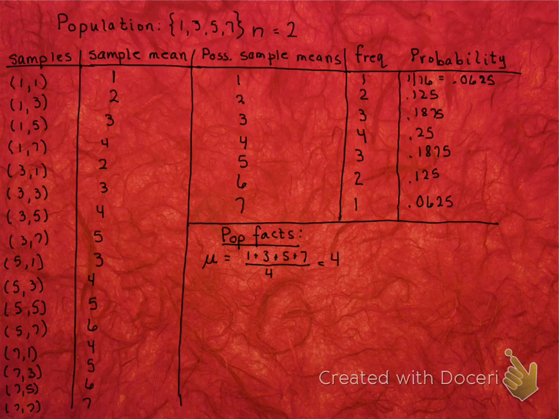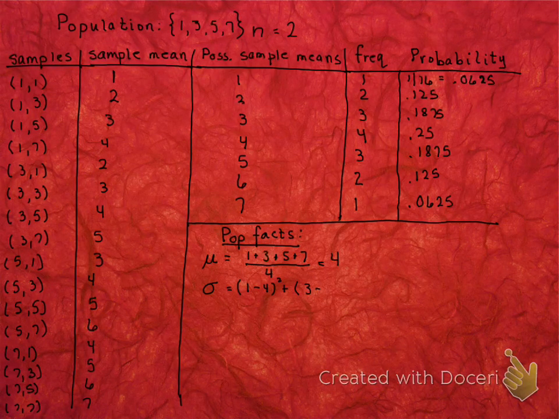which is 4. Now, to find your standard deviation of the population, you're going to take 1 minus 4 and add the sum of the squares, the difference of the value and the mean, and then square them.